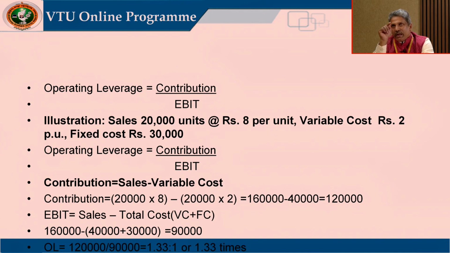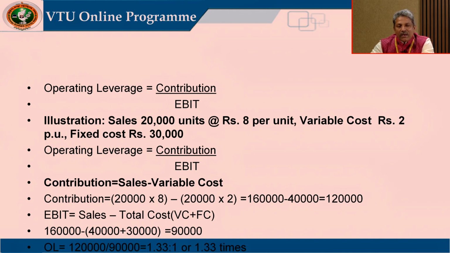Contribution is also equal to fixed cost plus profit. Fixed cost is 5 rupees and profit is 2 rupees, so 5 plus 2, 7 rupees is the contribution. Contribution is nothing but the sum total of fixed cost and profit.